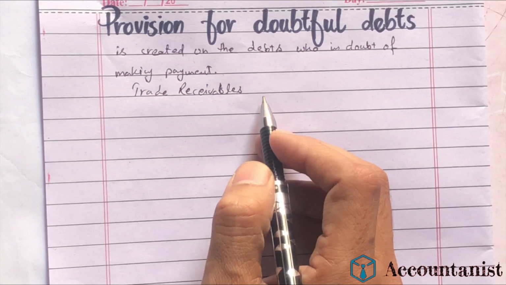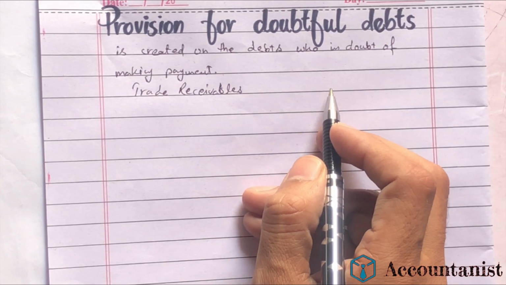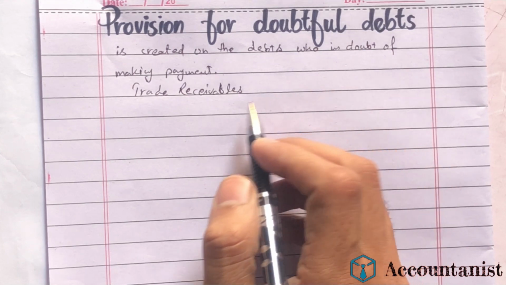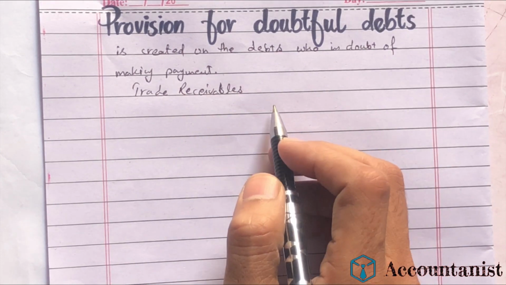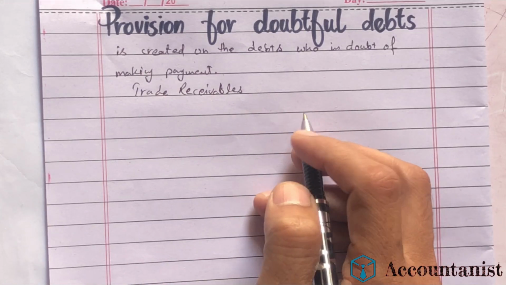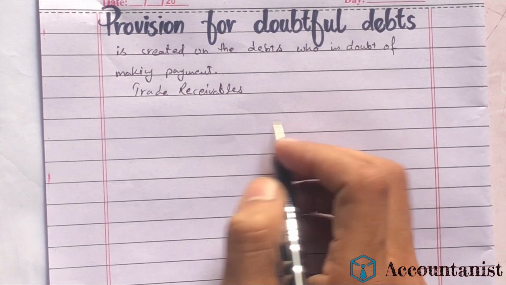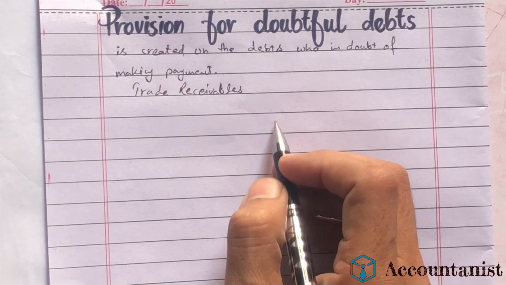Like for the 30 days old, there will be a 0% chance of being irrecoverable, for the 60 days we have like 3%, and for over 60 days we have like 10% chance that some of this amount will not be recoverable. So we do that with the relevant percentage.